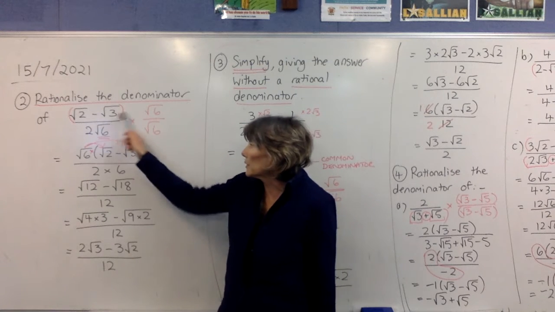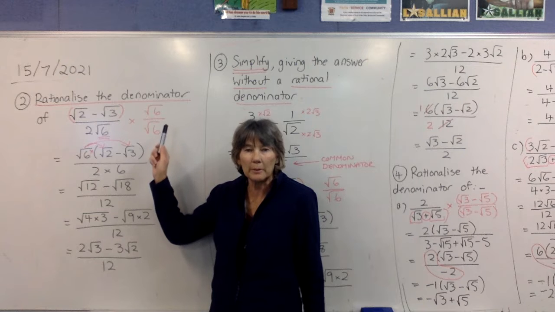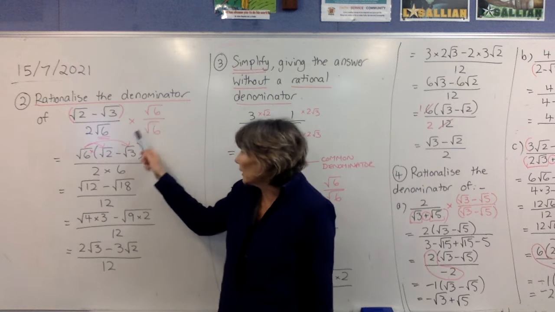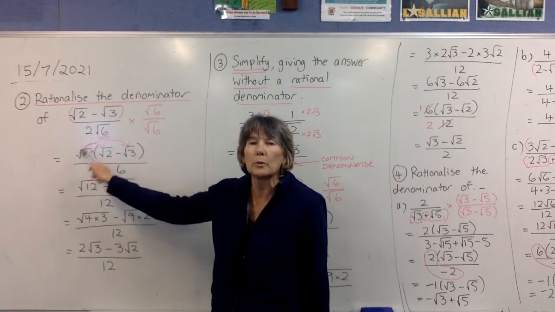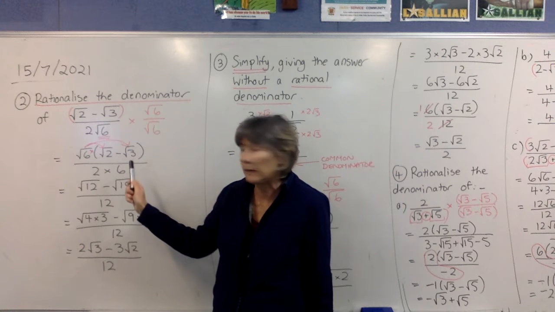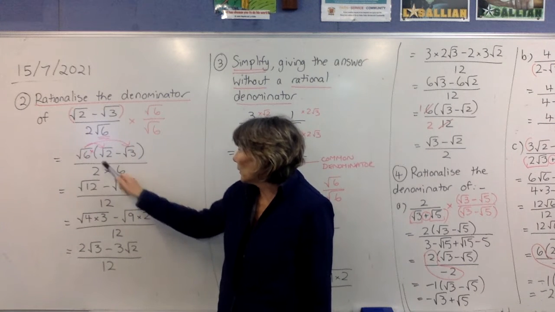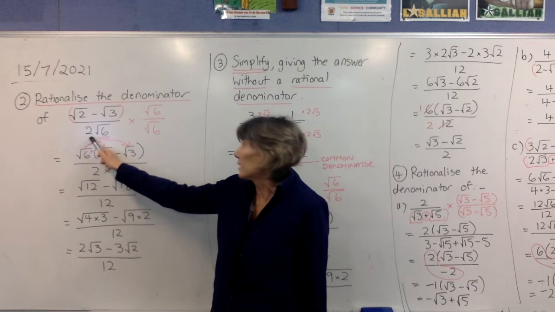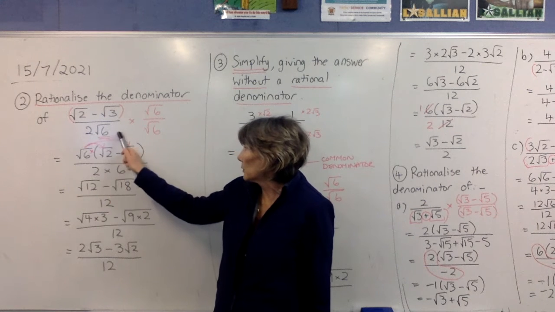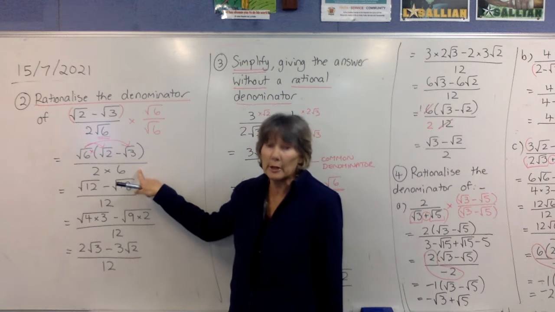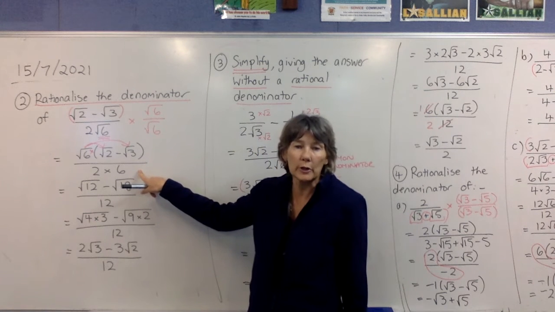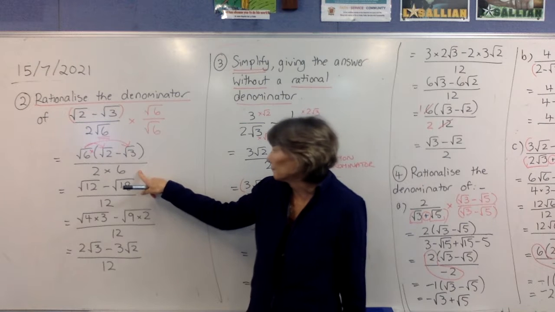Because this would be a bit messy on the top, I've decided to write the root 6 down first, then the bracket, because we're used to expanding it in that order. On the bottom, I've done the multiplication, so we've got the 2, and root 6 times root 6 is 6. You can see we have rationalised the denominator because all the surds are gone in the denominator.